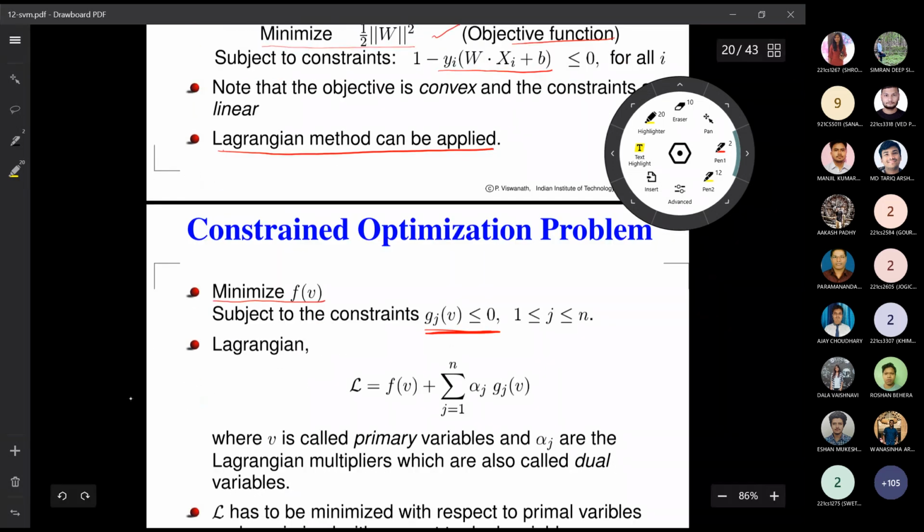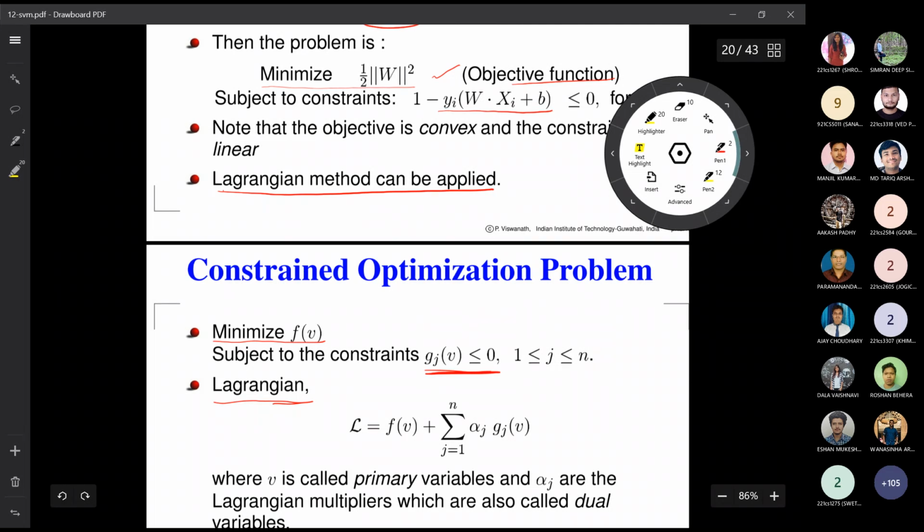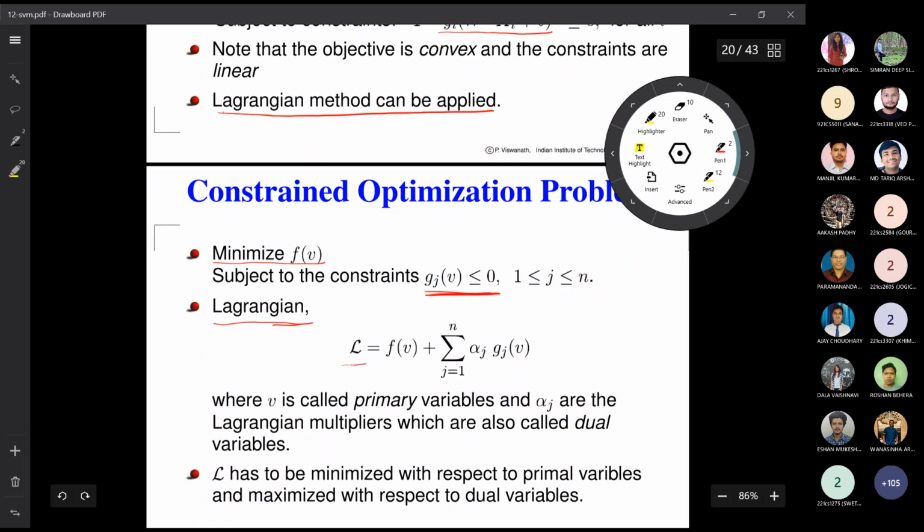So what will the Lagrangian form be? It is very difficult to handle a constraint and an objective function together. Instead, if we get a single function and then minimize it, that will be much easier. That is done by the Lagrangian. So we put the objective function here, and then all the constraints as well.